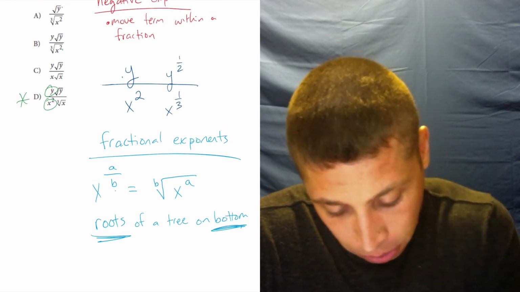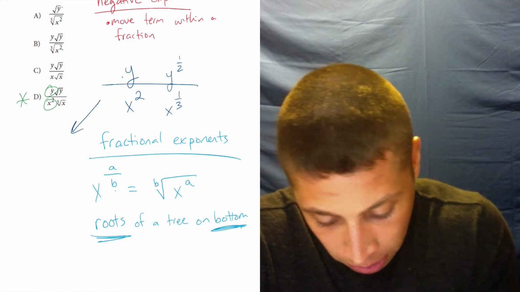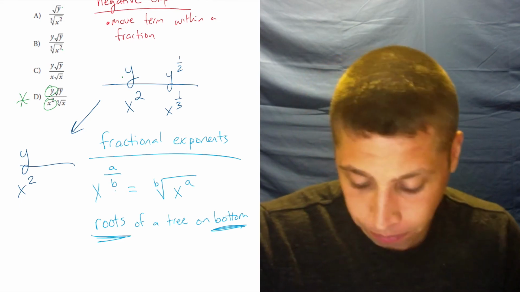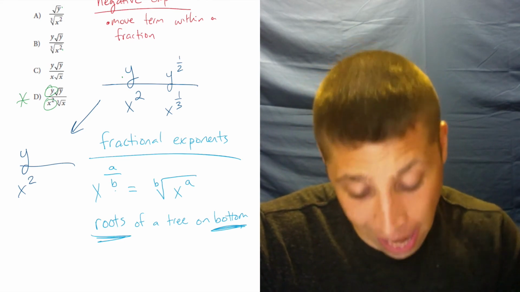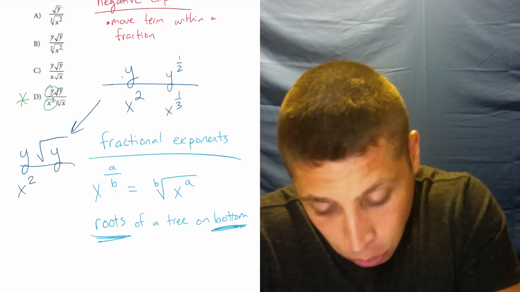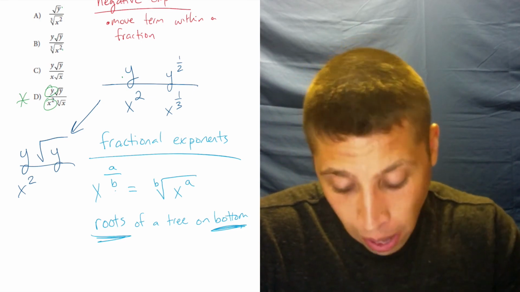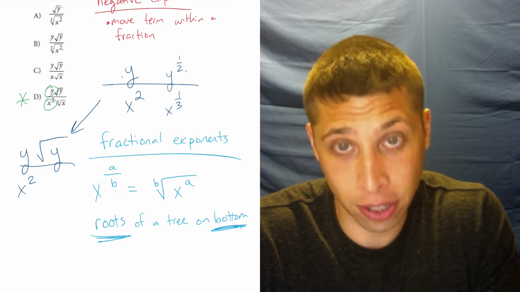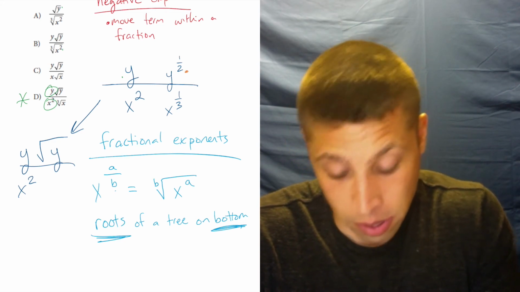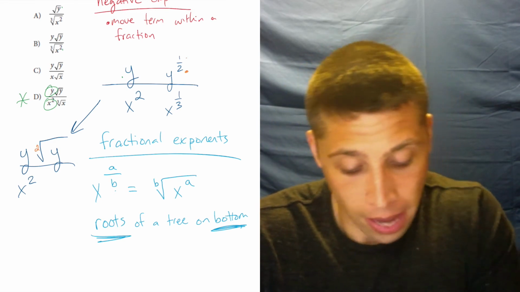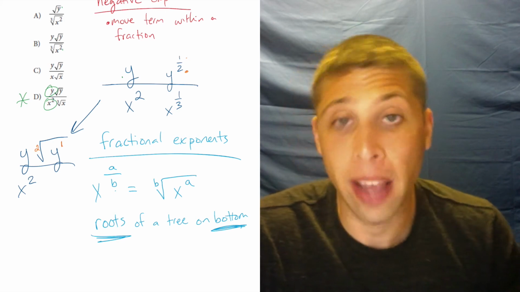So why does it help here? Well, let's go over to here. The y and the x squared are going to stay put. But y to the 1/2 is going to become the square root of y. And I'm going to just, in orange, show you how this rule is applying, right? Because look, the bottom of the fraction was a 2, so that becomes the root. And the top was 1, so that stays on the y.